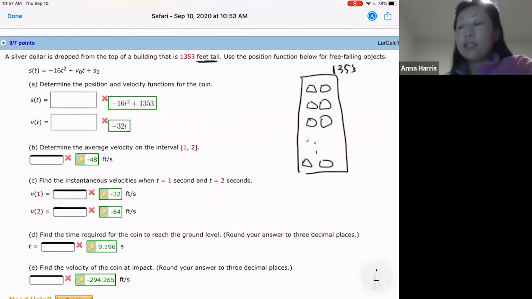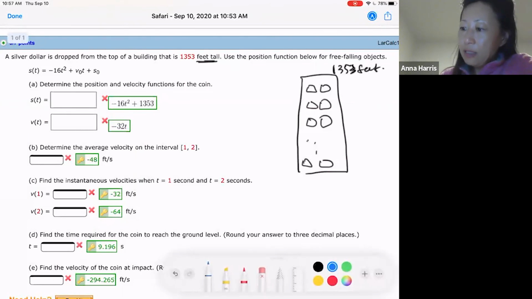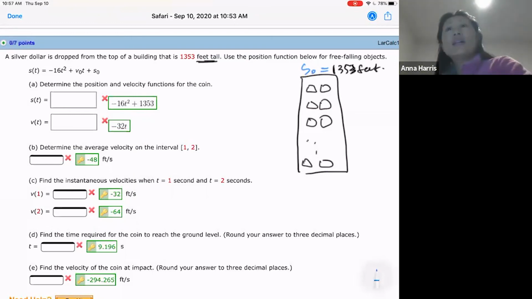Important part, it says feet, so we know what to use. So what does this mean? That is my S0, right? My initial position is 1,353 feet.